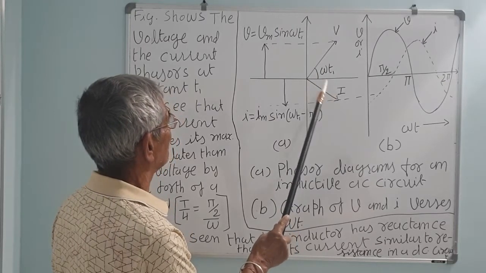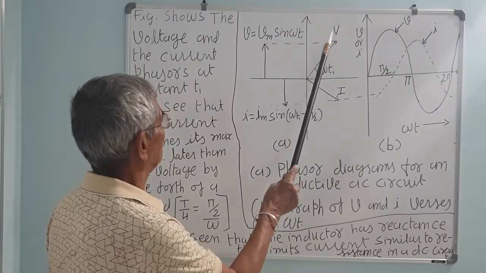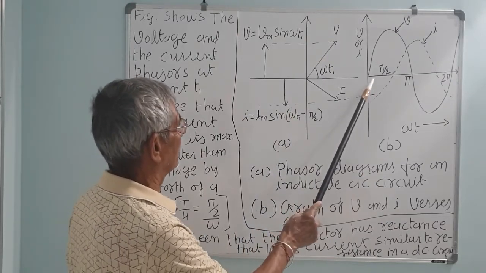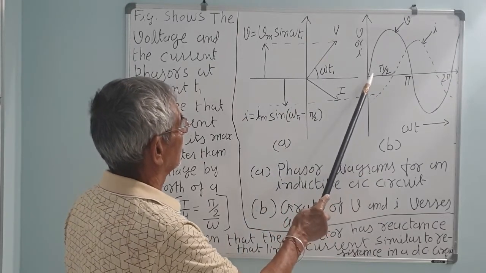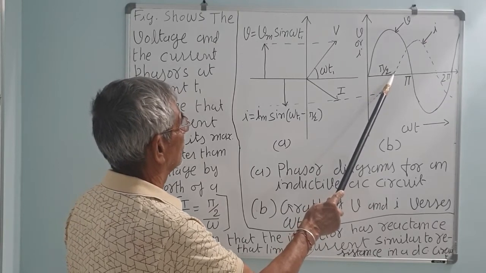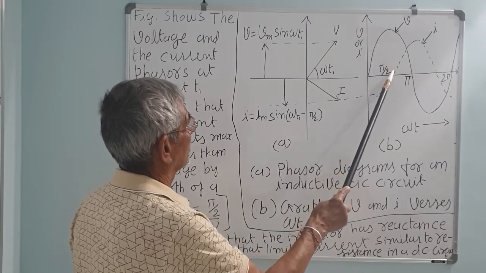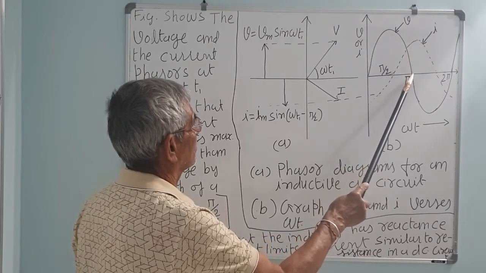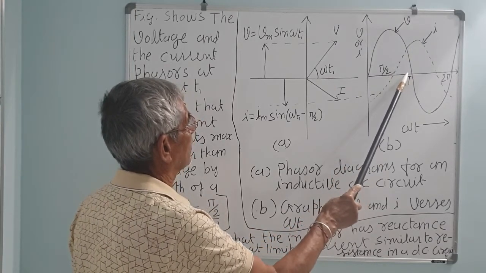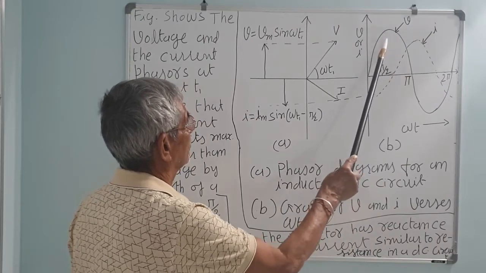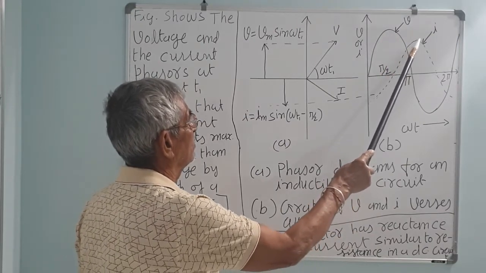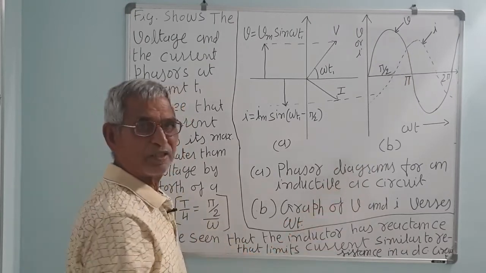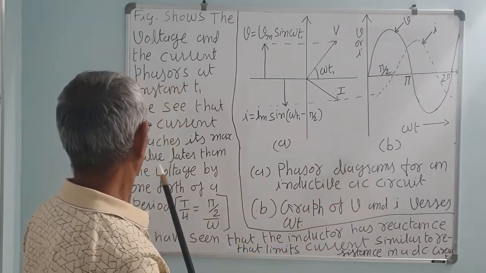The current is lagging behind, the voltage is ahead of this. Correct? When the voltage is maximum, the current is minimum, and the current maximum is after pi by 2. This is pi by 2, this is pi. So what is the difference between the maximum voltage time and the maximum current time? The current takes more time, that is, it is lagging behind the voltage.